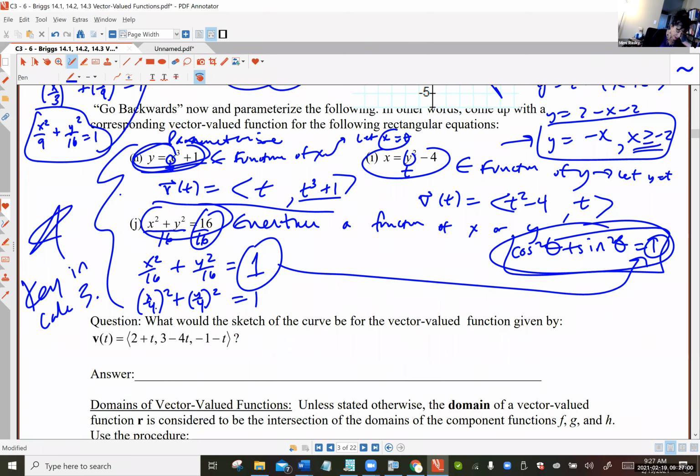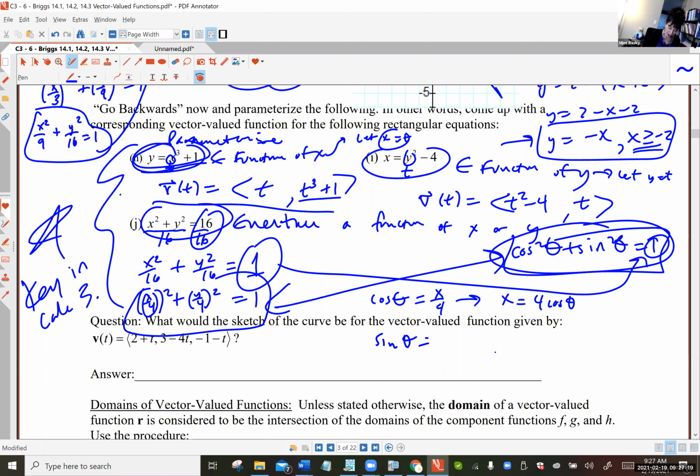And then I'm noticing if I'm going to make these two equations match, because that's my plan, then cos theta has to be equal to x over 4, and you'll solve that for x, and x is 4 cos theta. And then the sine theta has to match y over 4. So you let y equal, after solving for y, 4 sine theta.